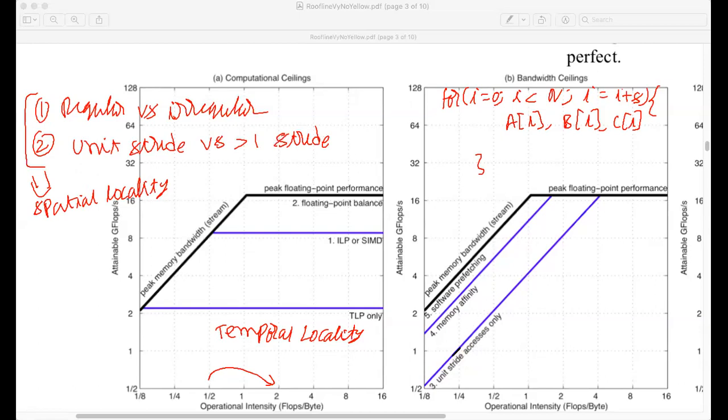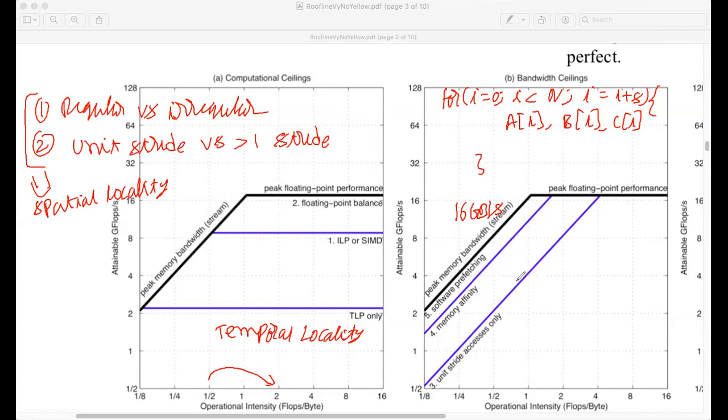Now you can see here, the peak memory bandwidth line is here, let's say this is 16 GB per second. For a variety of reasons, you don't get that full 16 GB per second, but by working with your program, you can get closer.